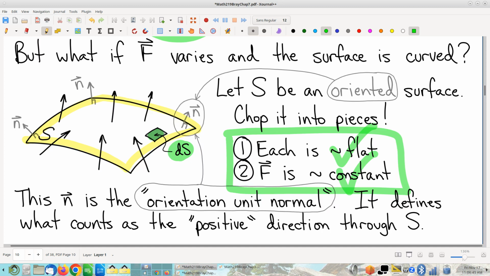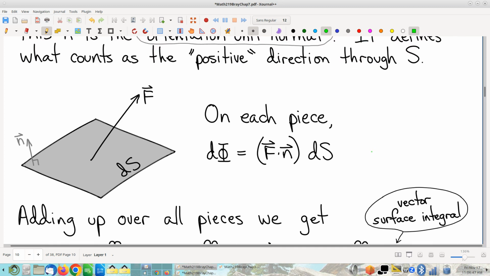Okay. And then on each one of these pieces, I'm going to go back and talk about orientations in just a second. But just to run it into the end zone on each one of these pieces. And now this is a blown up, magnified view of a teeny tiny little piece of small area dS.